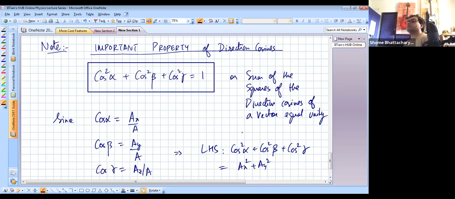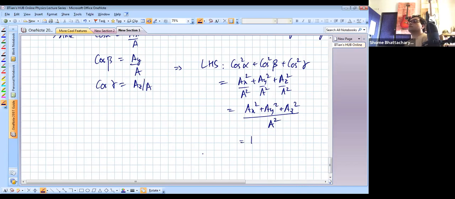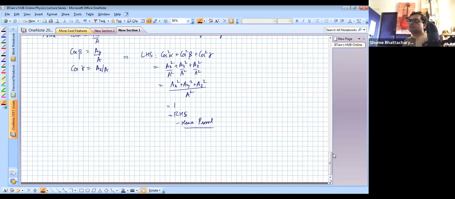So when you take the LCM, you see that it is ultimately unity. That is equal to the right hand side. Okay, so this is one important little property that you should keep in mind about direction cosines.